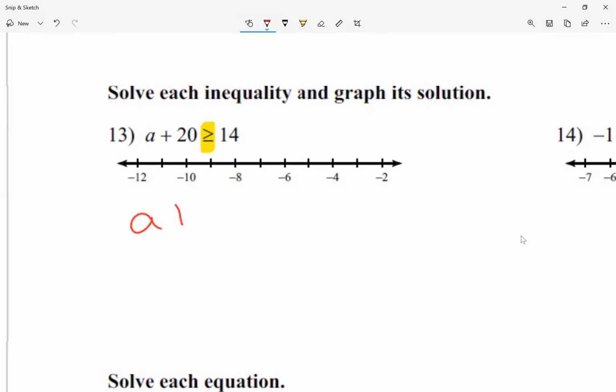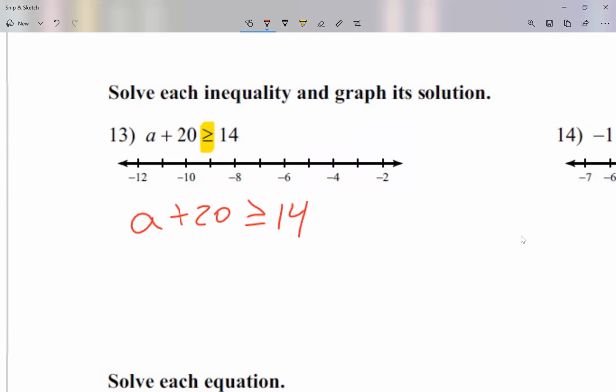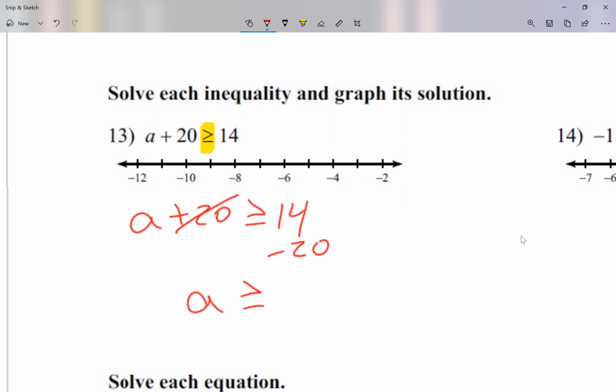So I have A plus 20 is greater or equal to 14, right? The letter's on the left side. Now to get the A by itself, this plus 20, let me move it to the other side as a minus 20. So I'm going to say that A is greater or equal to negative 6.